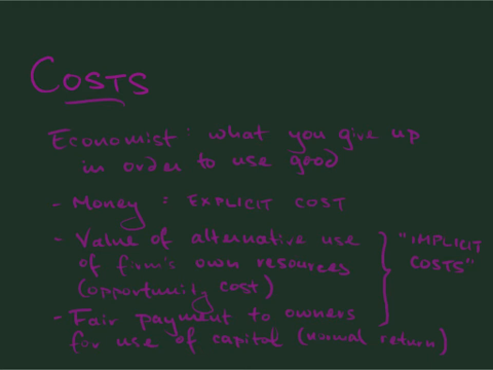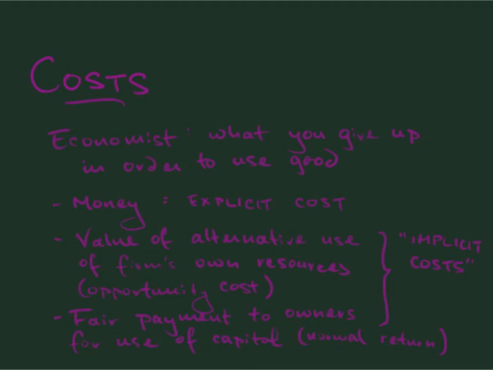They don't write checks. They don't have explicit, clear costs. But there is a cost of using their own labor. They give up time that they could have used for something else. Maybe this farmer could have used that time instead to work a second job, earning money in that other job that paid $15 an hour.